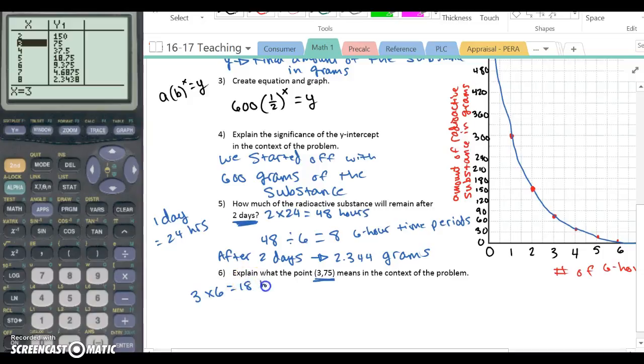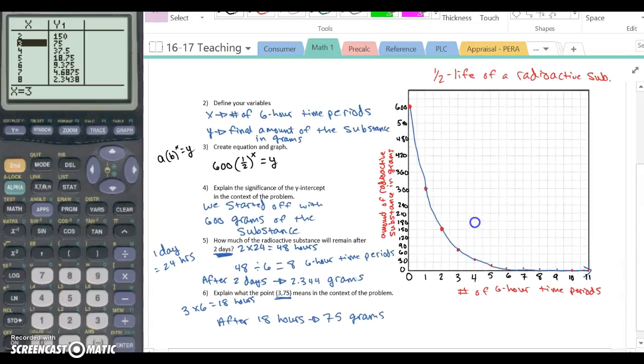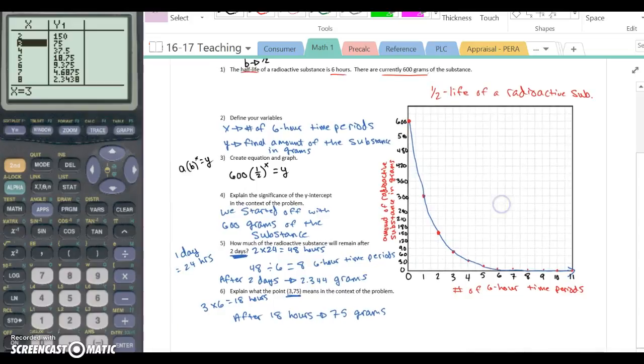That's really going to be 18 hours. So we can say after 18 hours, and I'd like you guys to write a complete sentence. I'll just abbreviate for time's sake. I will have 75 grams of my radioactive substance. Okay, so there we go.